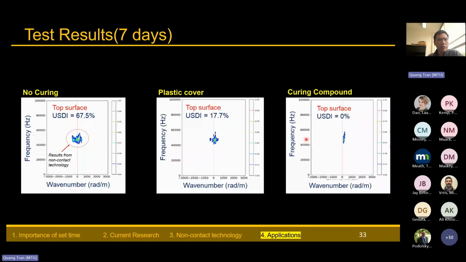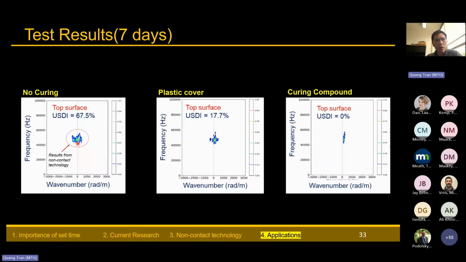Using the non-contact technology, we obtained a similar result to the water loss test. As you can see, for no curing on the left side, plastic cover, and curing compound, the non-contact technology is quantifying the surface cracking damage due to the water loss.